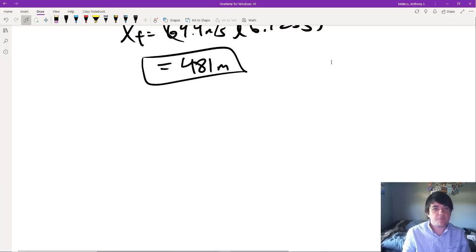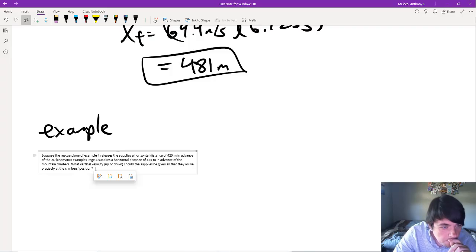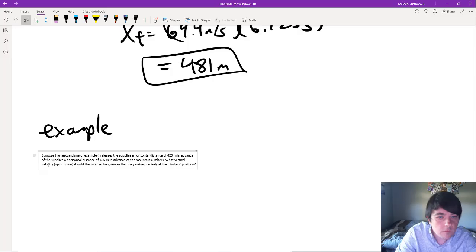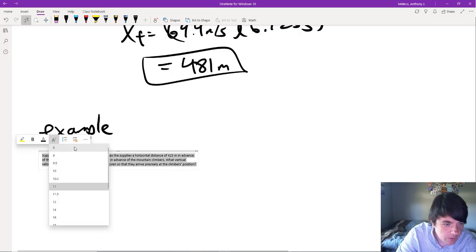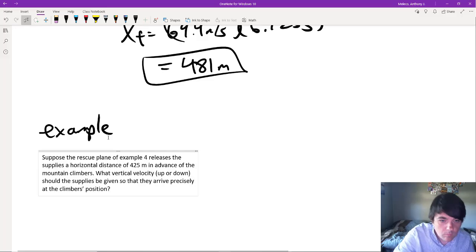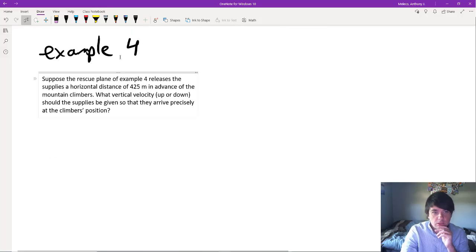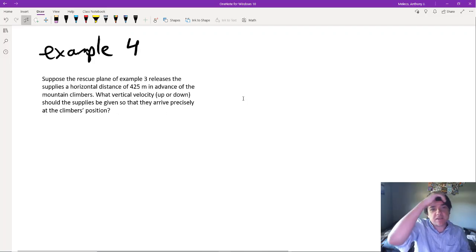So for example 4. Here's example 4. Suppose the rescue plane in example 3 releases the supplies a horizontal distance of 425 meters in advance of the mountain climbers.